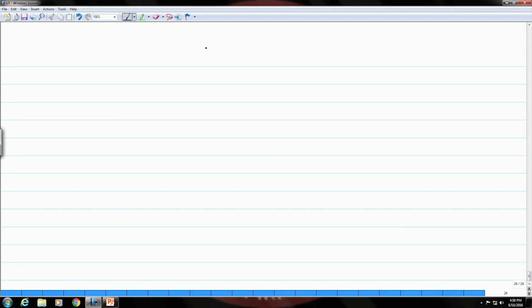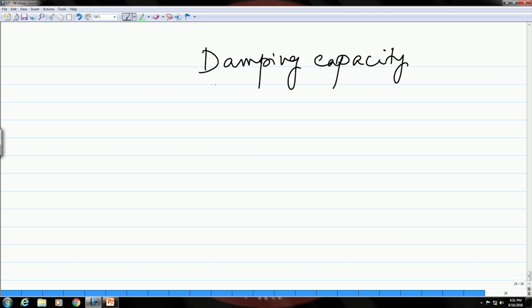The other property which is needed for an ultrasonic transducer is the damping capacity, which is the ability to absorb vibration. Okay. Because as I said before also, by the time the echo comes back to the transducer, it should be ready to receive them. Okay.